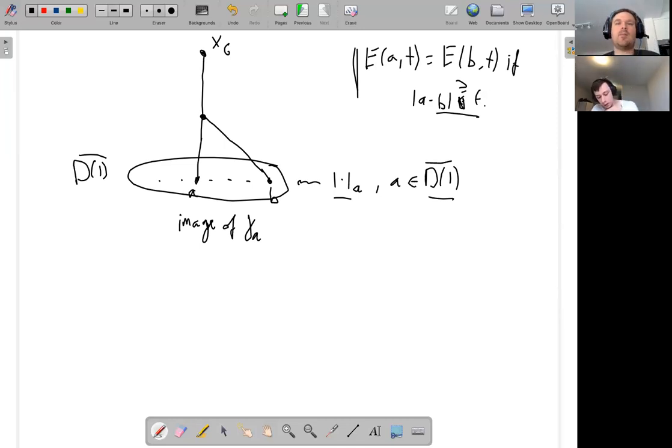So the point is, anyway, that this is the path gamma B, and this is the path gamma A. They start disjoint. One starts in the point A and the other in B. And for a large enough radius, the two disks coincide.